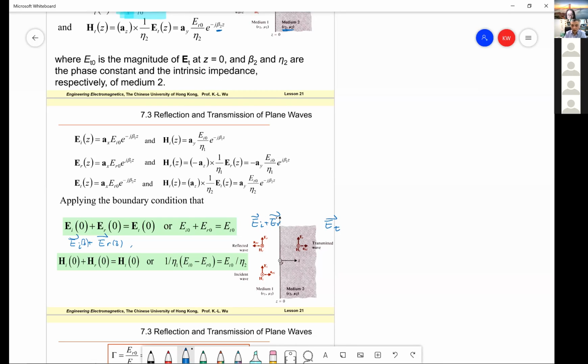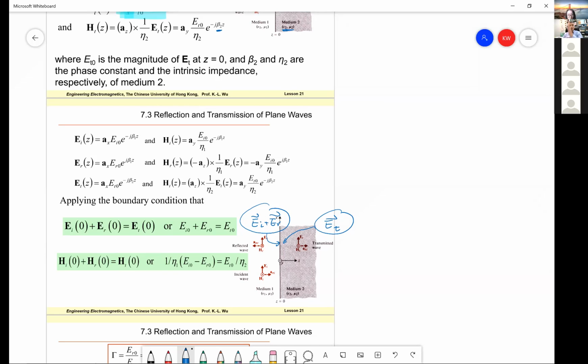So now we have the incident wave and the reflected wave. This is the total field. Let's apply these two total fields on the boundary.